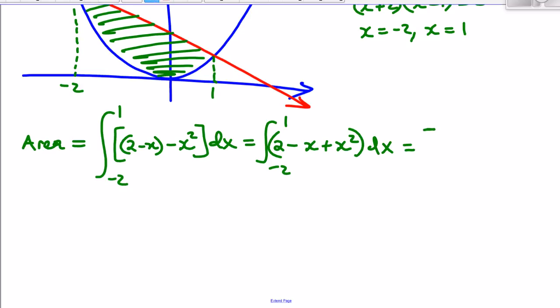Which will be 2x minus x squared over 2 minus x cubed over 3.